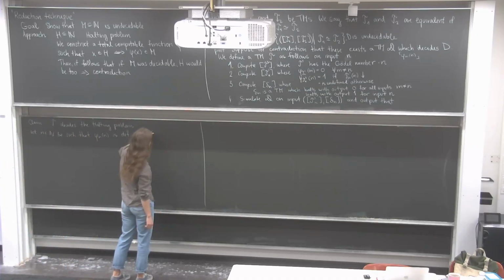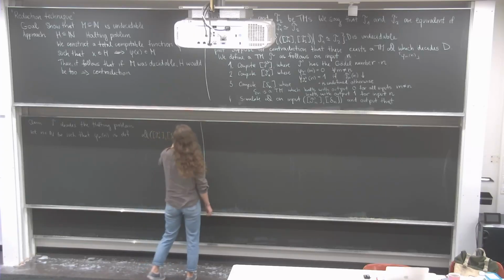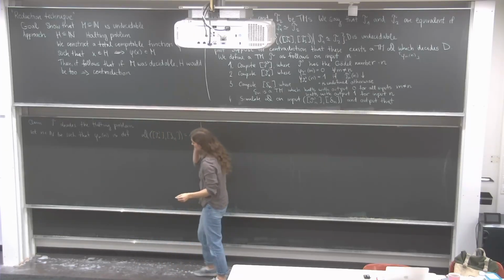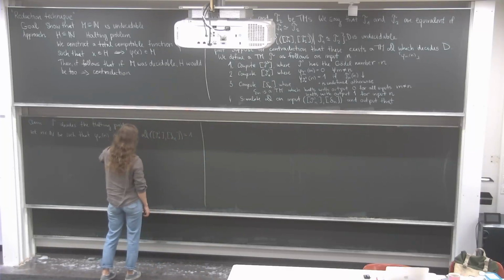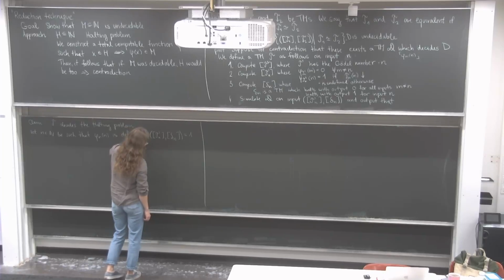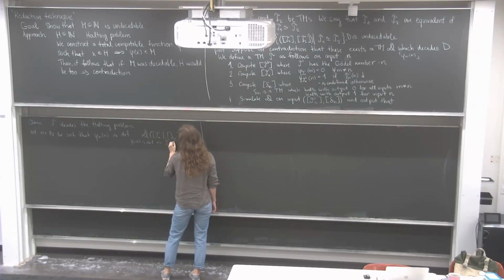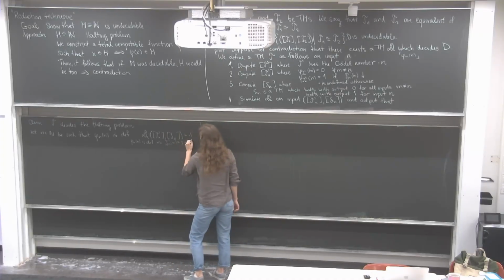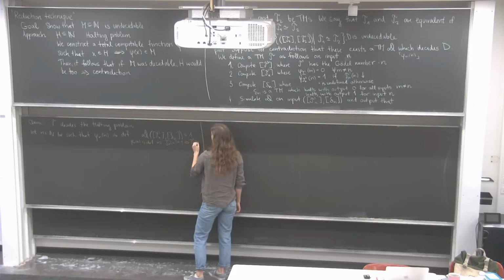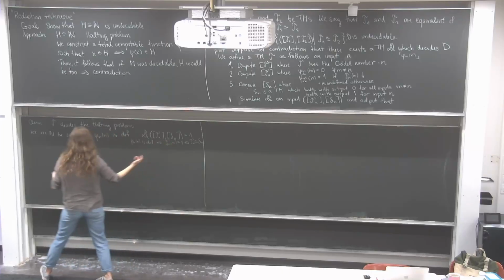Then delta of T prime n, delta n is 1. It's because phi n on n is defined, which means that D_n on input n is 1. So this means that D_n prime is equivalent to delta n. So the Turing machine D will output 1.